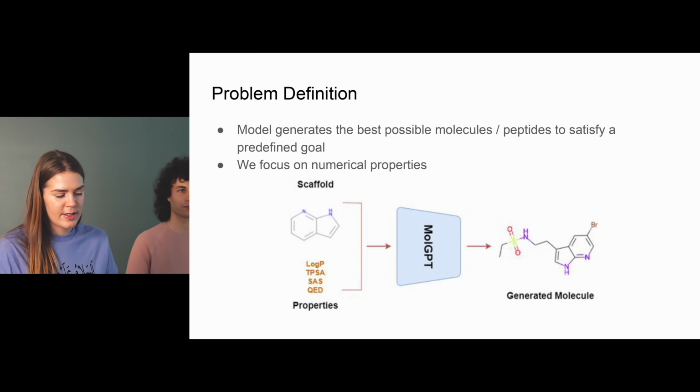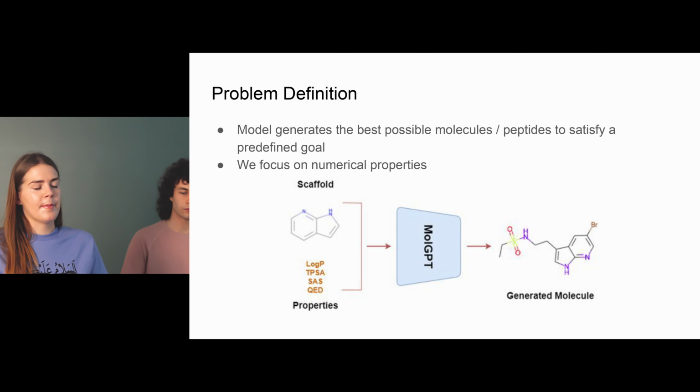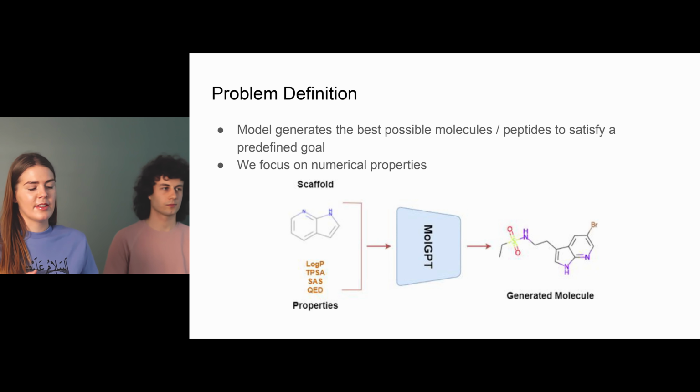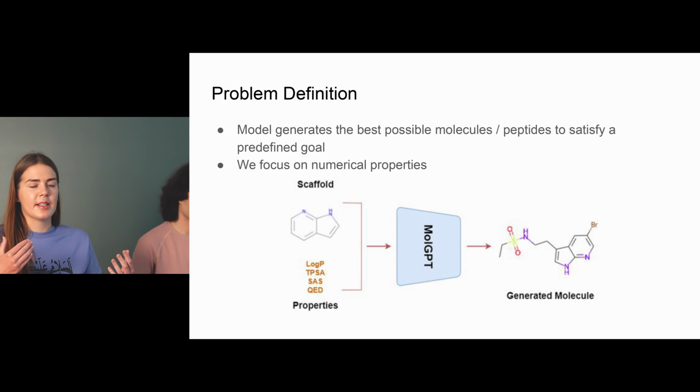Our project was basically about generating molecules or other structures that have some conditions. And what is the overall problem? So overall, for example, when generating drugs, we would like to decrease the entire search space and generate drugs that satisfy some conditions.